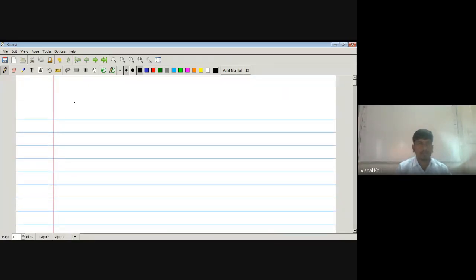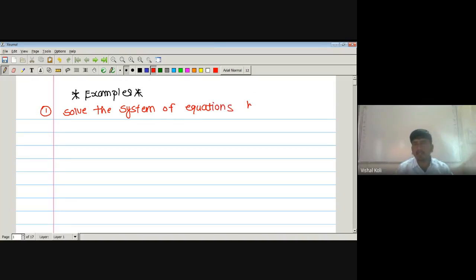Okay, so we will solve some examples. First one: solve the system of equations by matrix method.